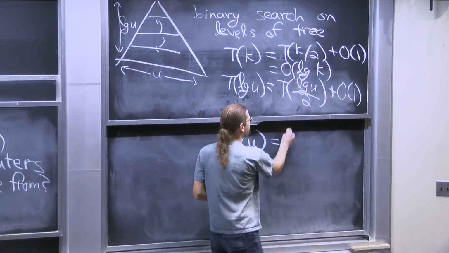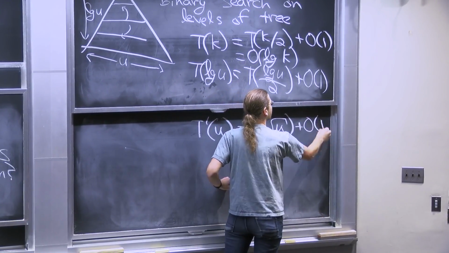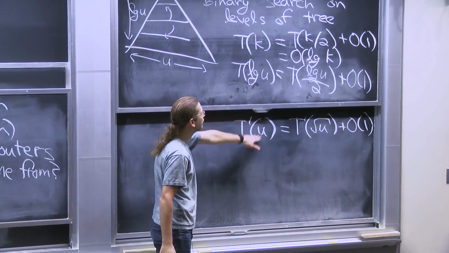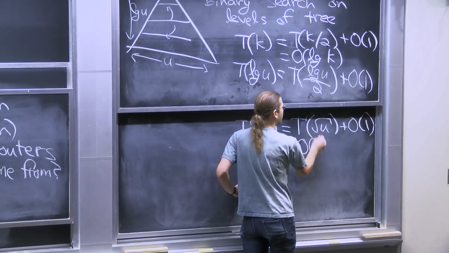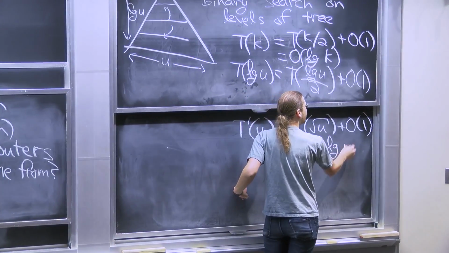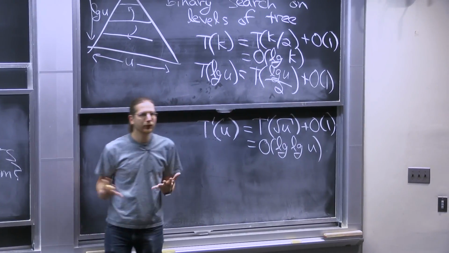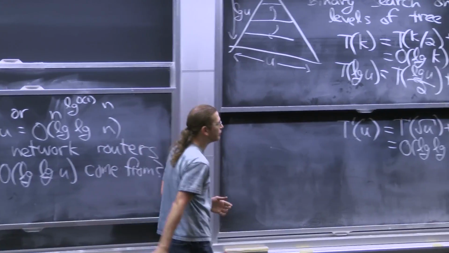Square root. So I've changed what the variable is here, but this is really the same recurrence. It'll still solve to log u. The number of times you have to apply square root to a number to get to 1 is log u.